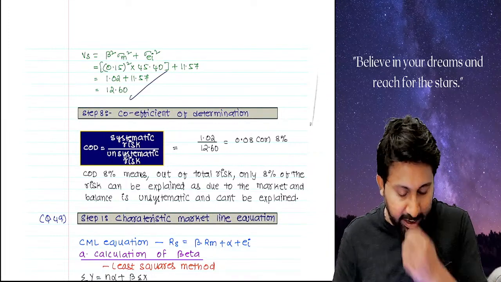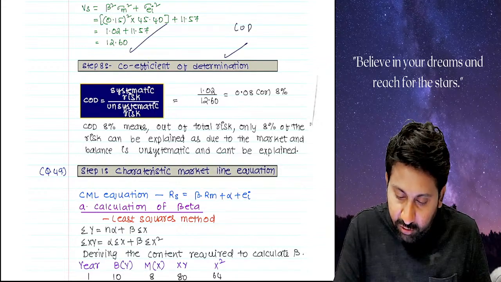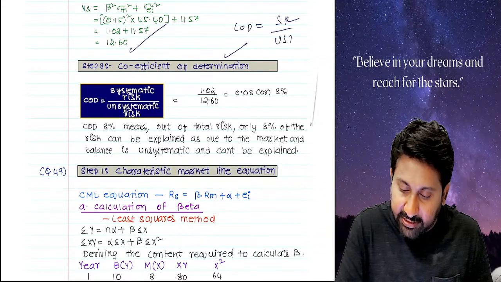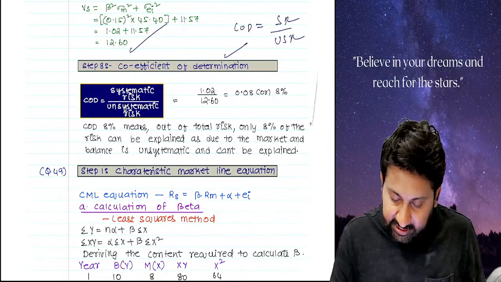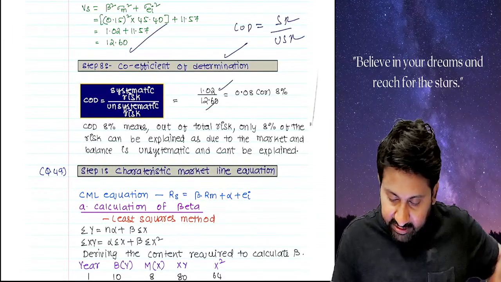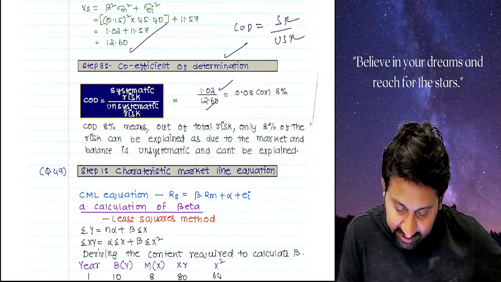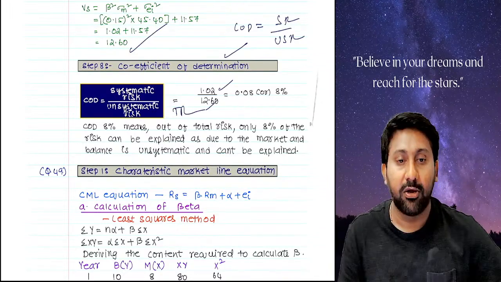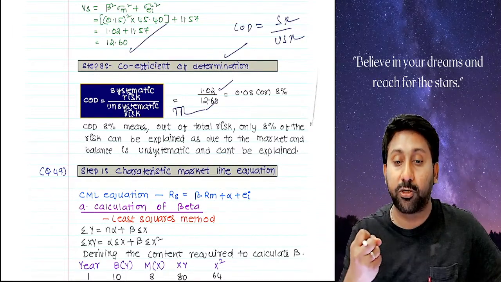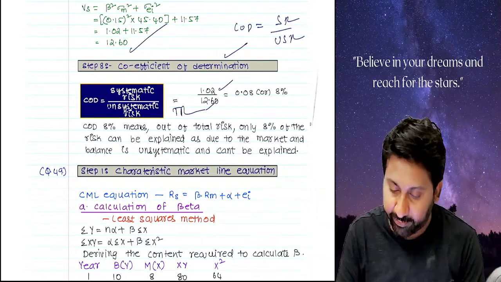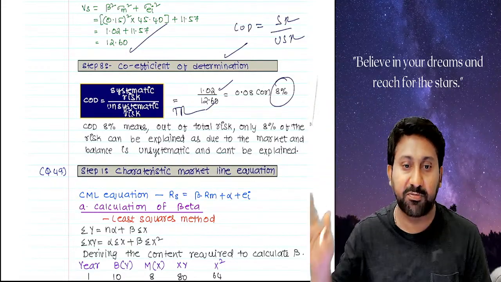Remember, whenever they ask a question, the coefficient of determination will be there. COD equals systematic risk by total risk. Sorry, it's not unsystematic risk, I'm very sorry. It means in the total risk of a security, how much portion is systematic and how much is unsystematic. 8% is systematic, the remaining 92% is unsystematic in this particular question.